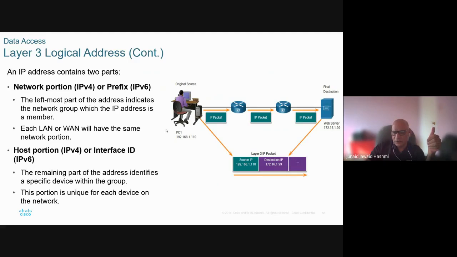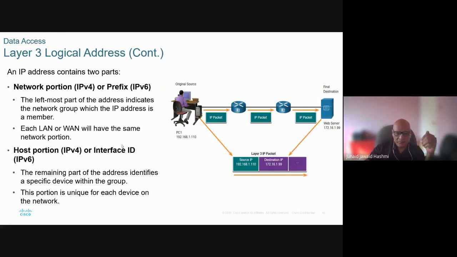Each IP address contains a host portion and a network portion, so the device knows if it's in the local network or a remote network.